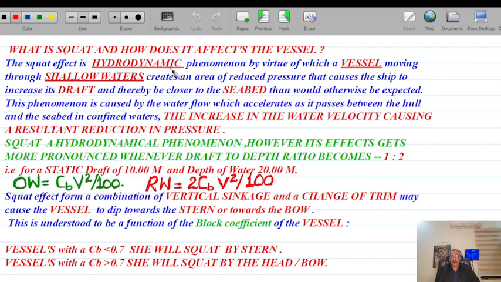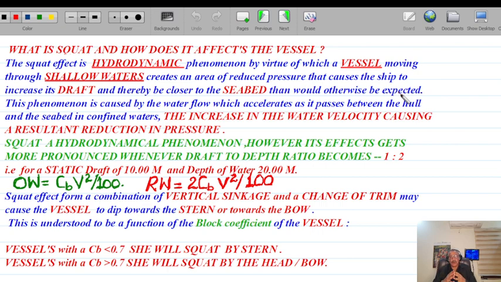Squat effect is a hydrodynamical phenomenon by virtue of which a vessel moving through shallow waters creates an area of reduced pressure that causes the ship to increase its draft and thereby be closer to the seabed than would otherwise be expected. I have also explained this in a diagrammatic manner as we go through the slides.